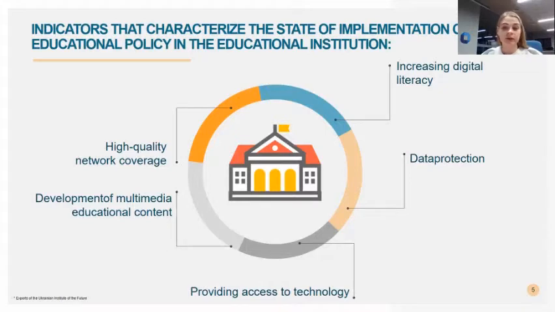Intel has developed guidelines to create digital education policies for all stakeholders. Experts of the Ukrainian Institute of the Future suggest the following indicators for analysis that characterize the state of implementation of digital educational policy in the educational institution.